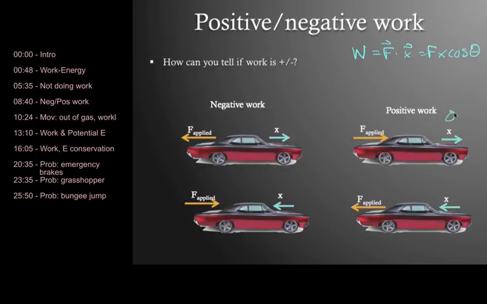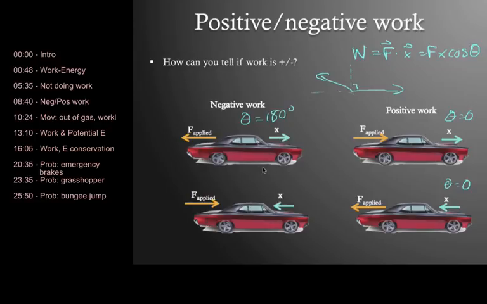So in this case, theta is 0, theta is also 0. But if you want negative work, what you need is the angle between these two to be greater than 90 degrees, right? Because then cosine of something greater than 90, over here somewhere, is going to give you a negative number. So here we have theta is 180. So in this case, this force would be doing negative work on this object.